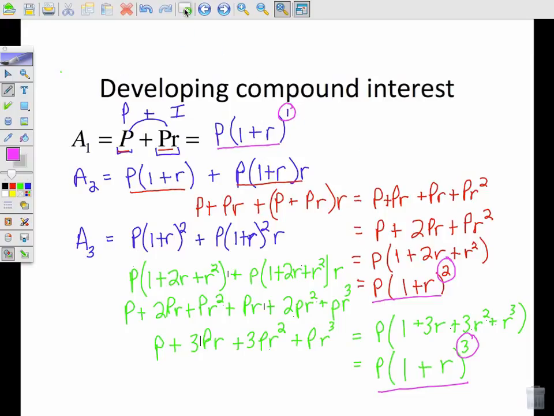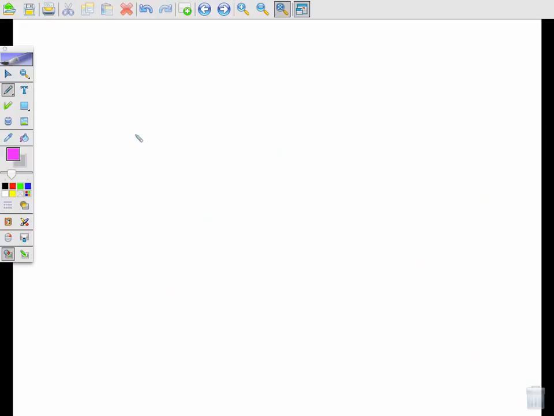What we can do is then make the assumption that this would be my formula. Amount equals P times 1 plus R raised to the T, where T equals the number of years. And that is your compound interest.